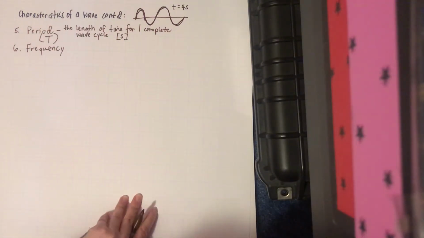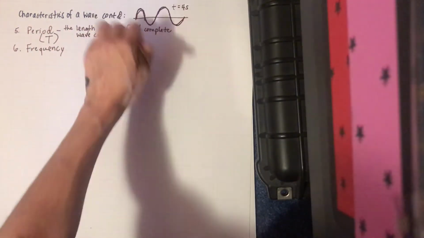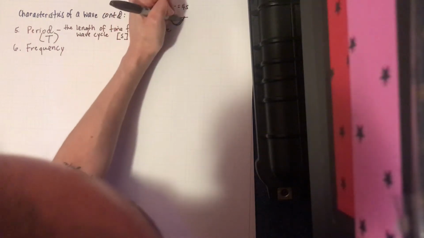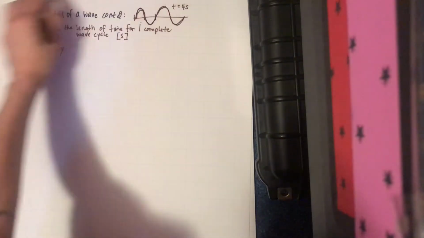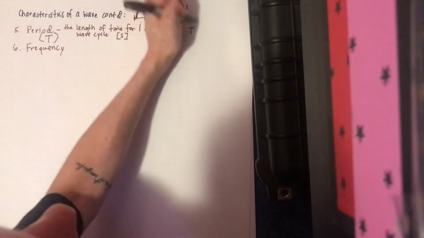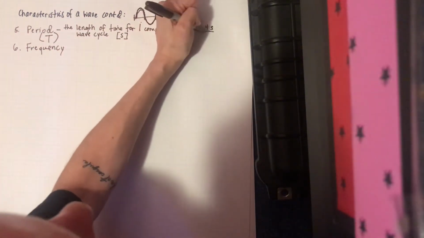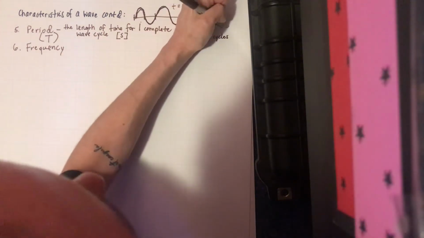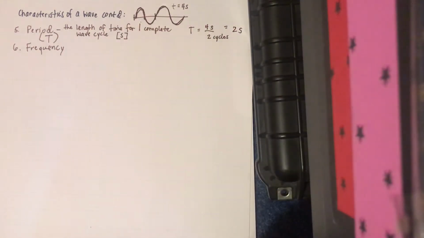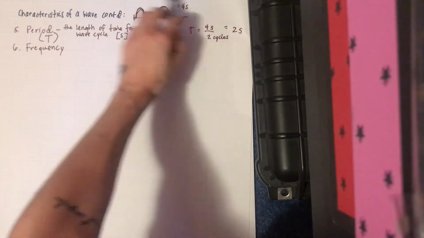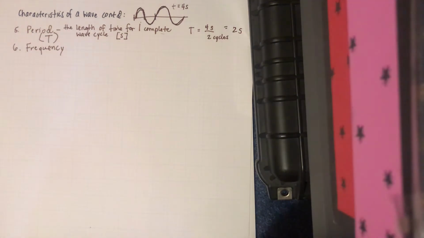Well, the period of this wave would not be 4 seconds because we have 2 cycles here. We have 1 lambda and then another lambda. So the period, or the time for one complete wave cycle here, T, would be equal to 4 seconds over 2 cycles. In other words, 2 seconds per cycle. Okay, so that would be the period of the particular waveform that I show.